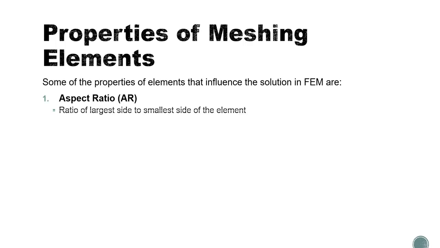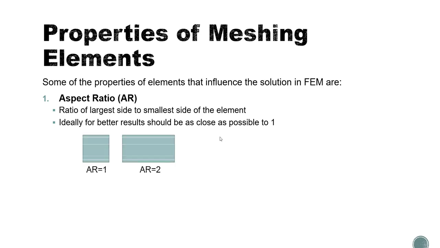The first one is the aspect ratio, and it tells us about the ratio of the largest side of the element that we are using to the smallest side. For better results, this ratio should be as close as possible to 1. Here you can see the aspect ratio is 1.